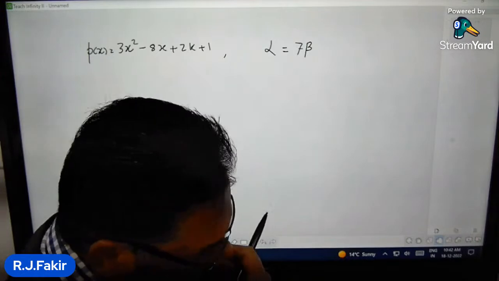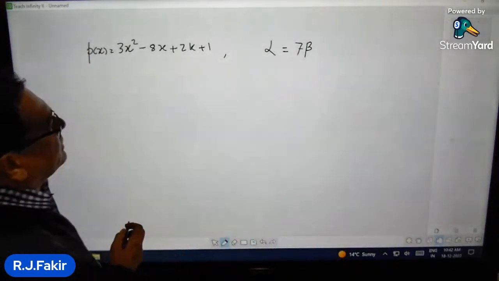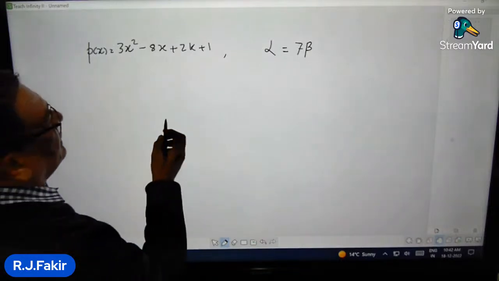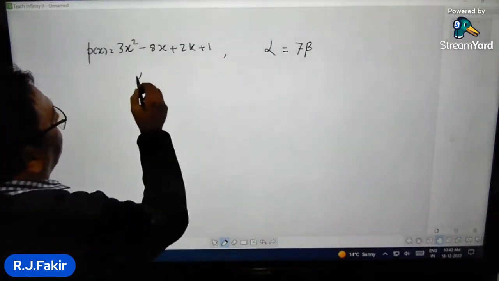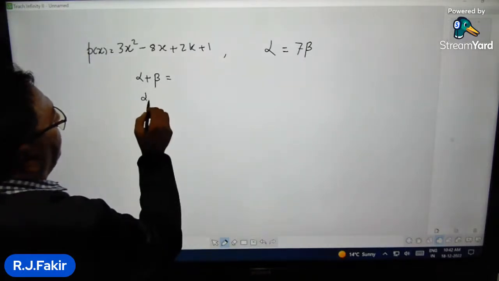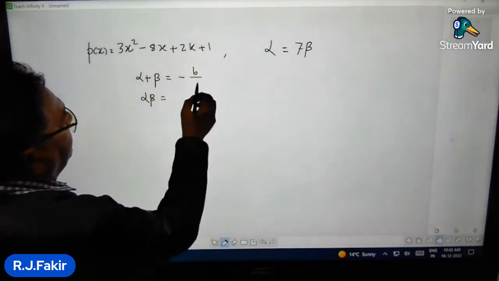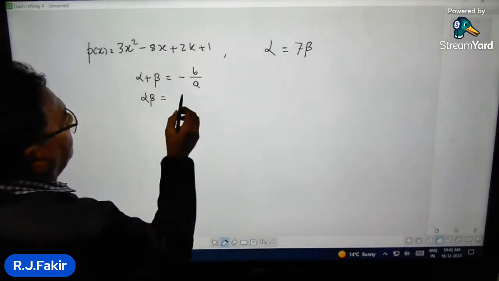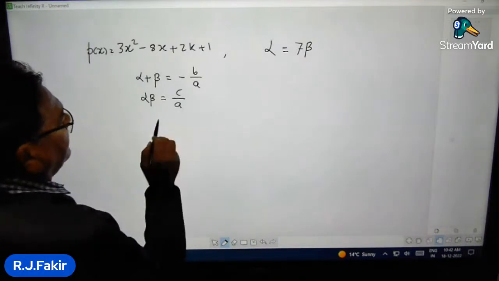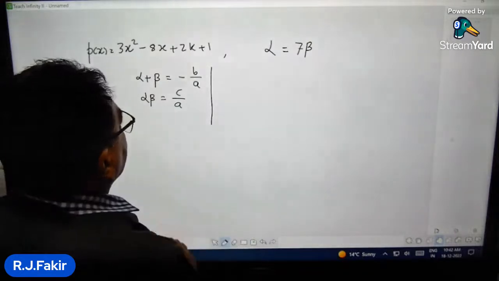Now generally we know two rules for the relation between the zeros and the coefficients. One is alpha plus beta, that is the sum of the roots, and another is alpha beta. So alpha plus beta is given by minus b by a, and alpha beta is given by c by a. So we can use this concept to solve this question.